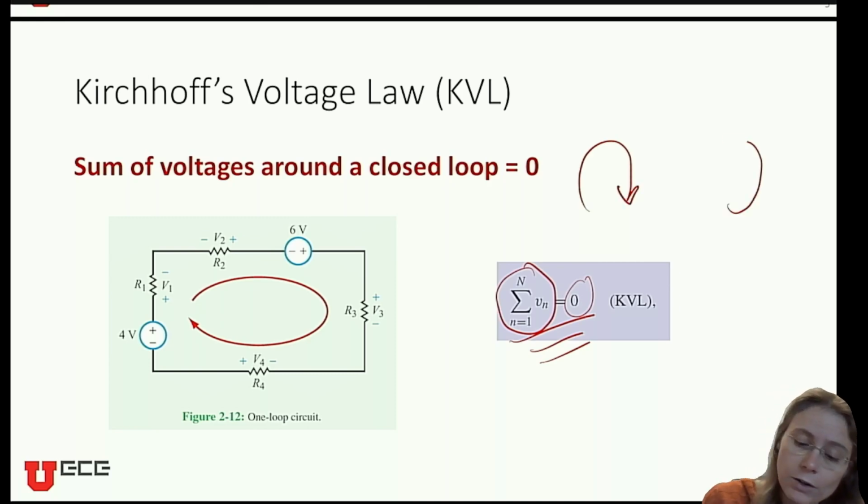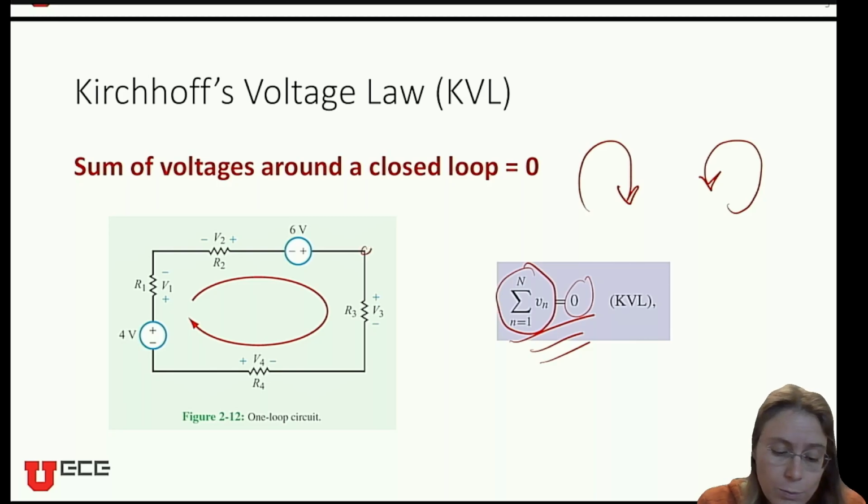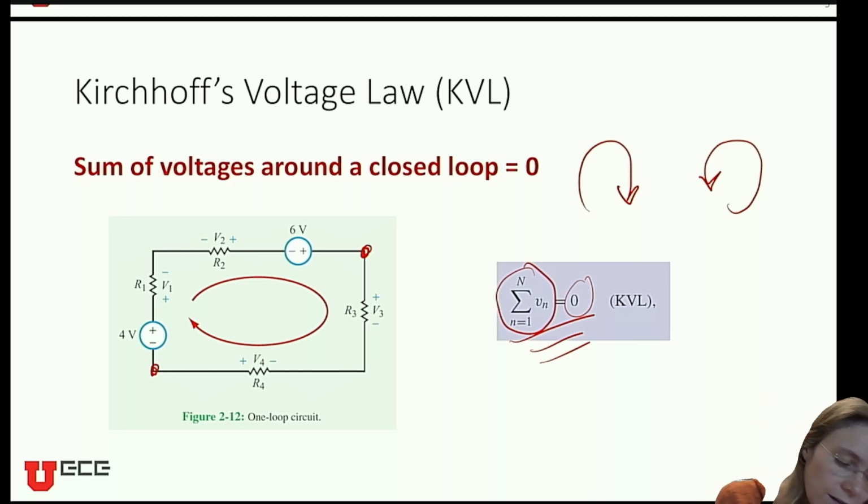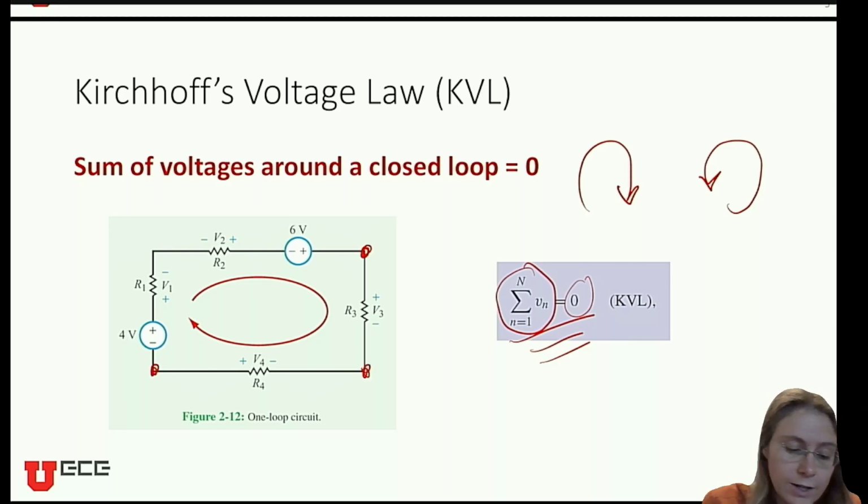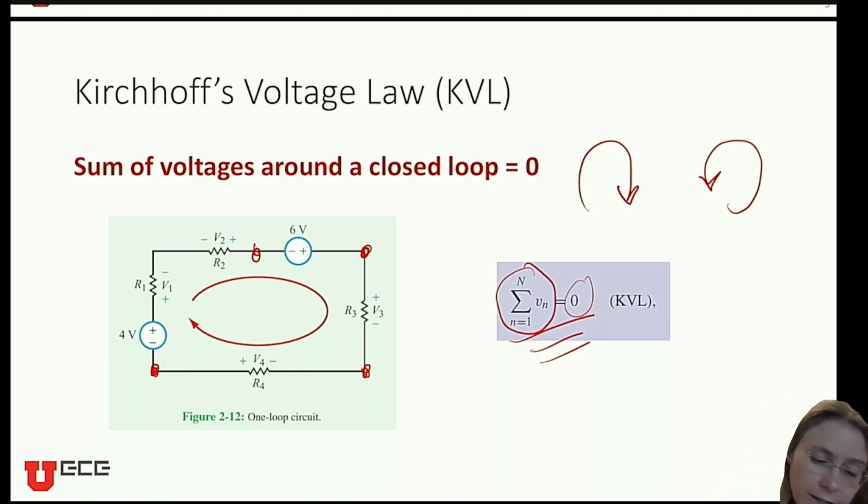I could go counterclockwise. I could start in the upper right. I could start in the lower left or the lower right. I could start in the middle up here. As long as I'm consistent and go in a full loop and get back to where I started, the math should work out. So I like to start personally in the lower left usually and go clockwise. So that's what I'll do here.